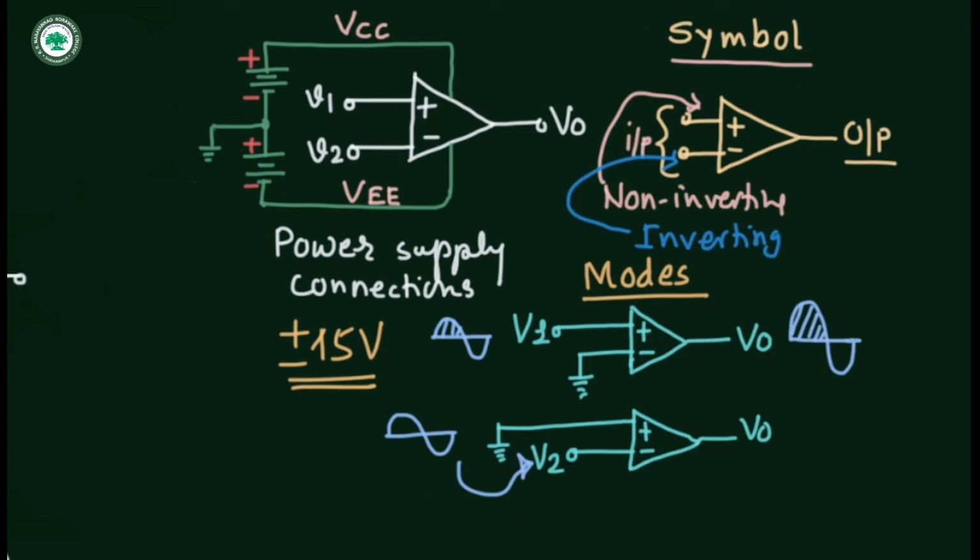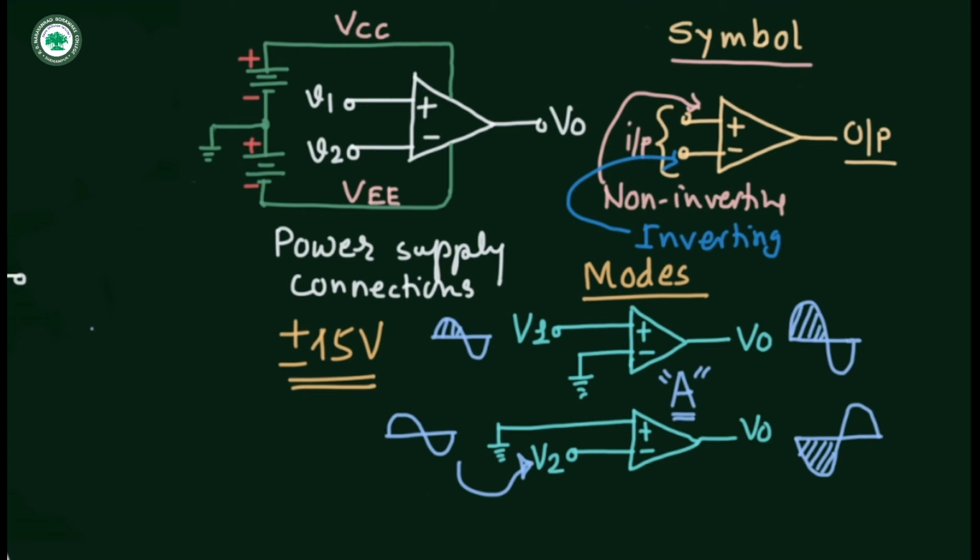As it is the inverting input terminal, we will get the output inverted, that means a 180 degree phase shift between input and output, except that the input is magnified. This magnification is considered in terms of a multiplicative factor, which we call the gain of the amplifier, and that is considered as the open loop gain.